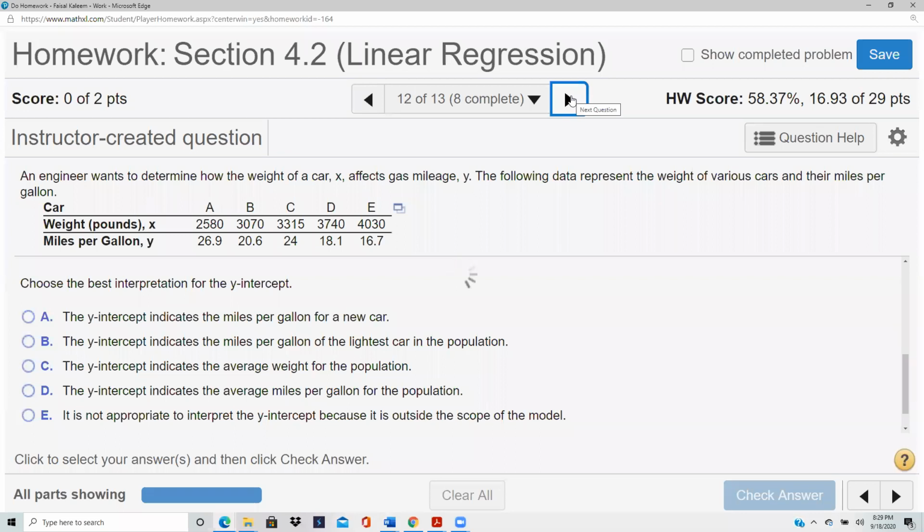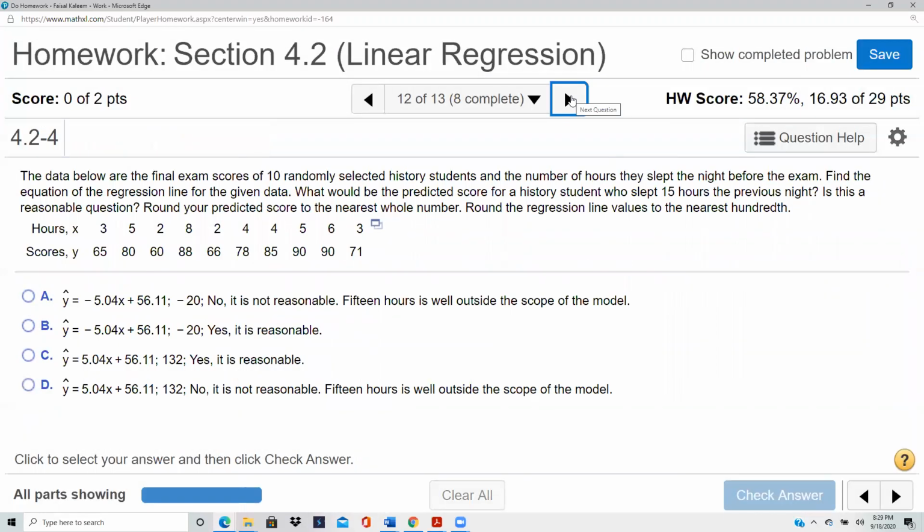And then the next one is similar. Again, it's the hours that you sleep the night before the exam. What should be the predicted score for a history student who slept 15 hours? You see 15 hours is not in this range.